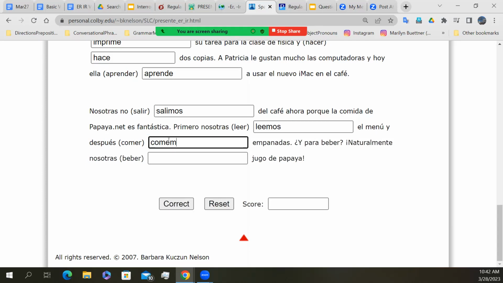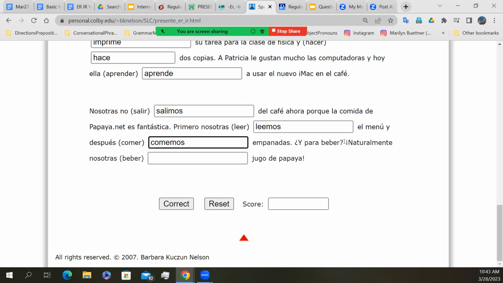Comemos. Comemos empanadas. Empanadas are a special dish in many parts of South America. They're kind of like, well, dumpling doesn't sound quite right, but it's a pastry covered dish, veggies and meat put into a pastry type dough, cooked empanadas.